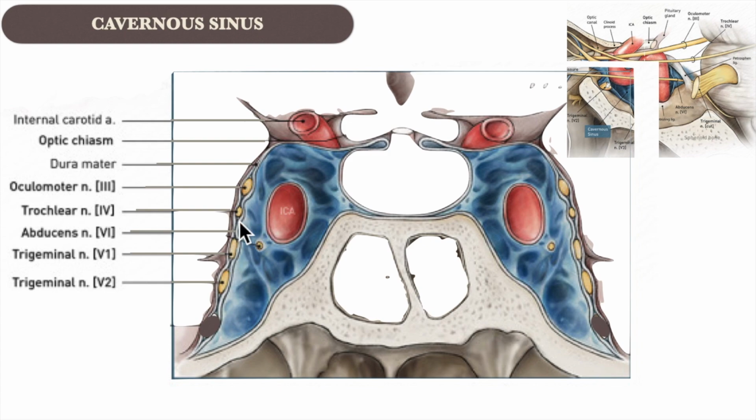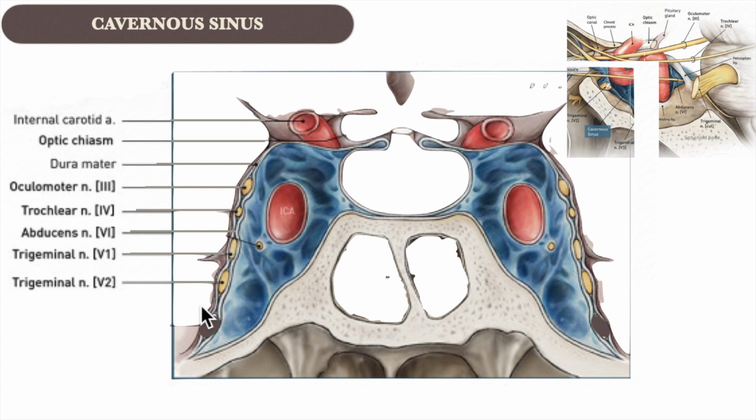So 3, 4, 5. These nerves are present in the lateral wall. From above downwards: first the third nerve, the oculomotor nerve, then the fourth nerve, the trochlear nerve, then the first division of the trigeminal, the ophthalmic branch, and the second division of the trigeminal, the maxillary nerve.